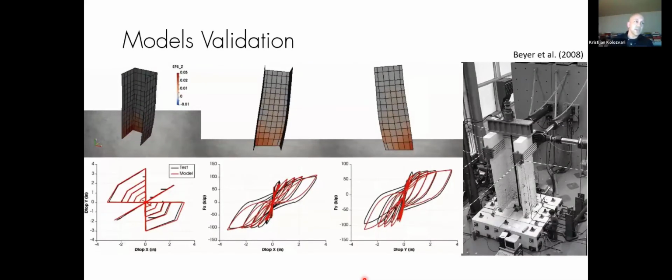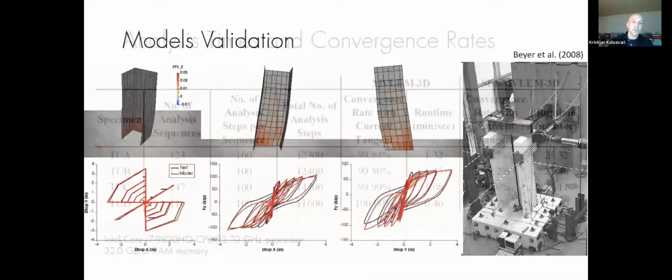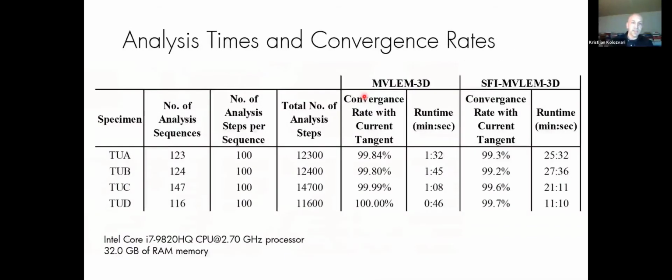So the next thing we're going to look at are really first of all, I just put this slide because we were measuring time, and I just wanted to kind of point out the difference between computational efficiency of these models. Here we have MVLEM 3D and we have SFI MVLEM 3D, which is much more complex because it has this complicated panel model for reinforced concrete.